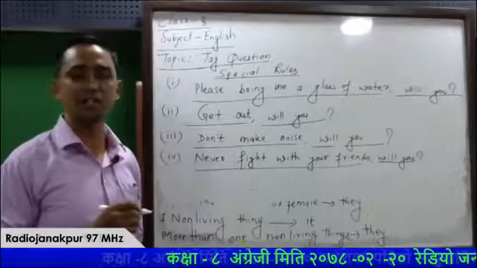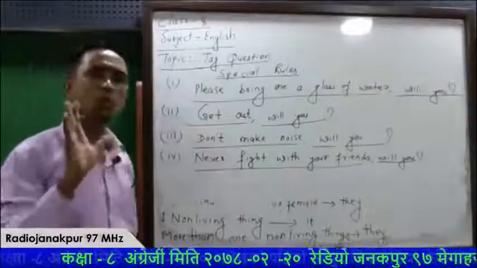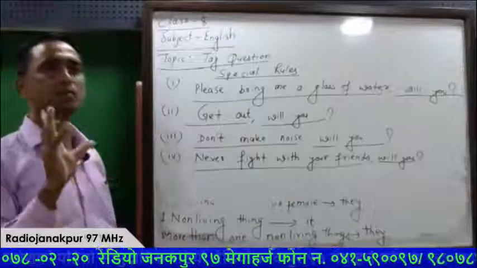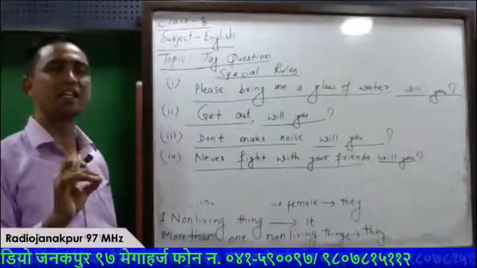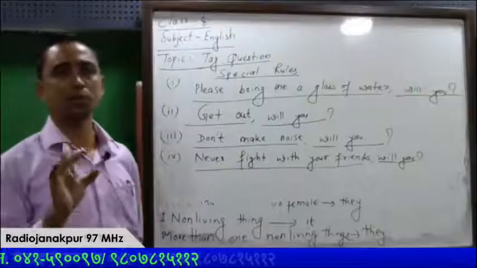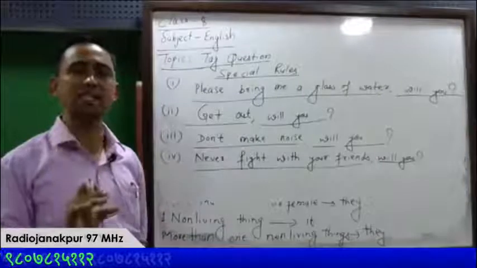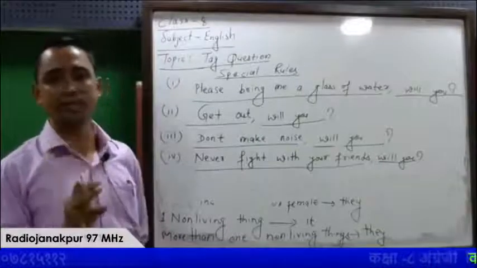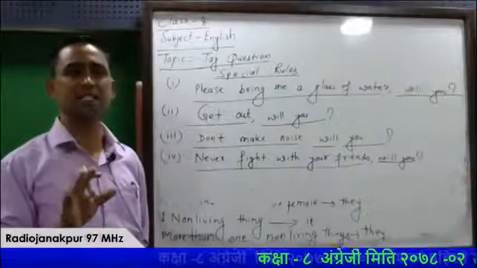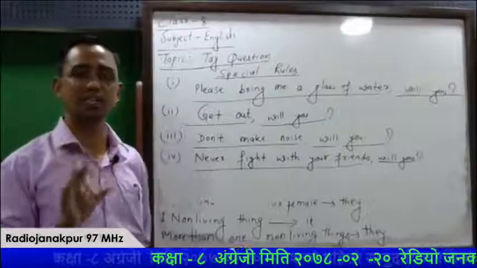That's why these sentences are imperatives. Now we have to understand that all imperatives must start from please, kindly, verb 1, don't and never. Those sentences which begin from please, kindly, don't, never are considered imperatives.